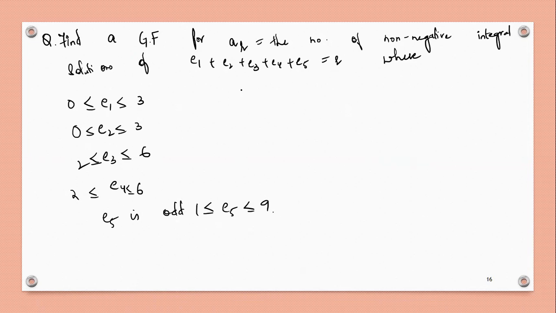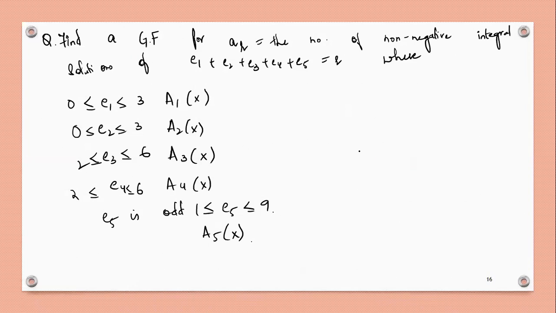Then in that case, what is the generating function for AR? E1 I am representing with A1 of x, E2 is A2 of x, E3 is A3 of x, E4 is A4 and E5 is A5 of x.